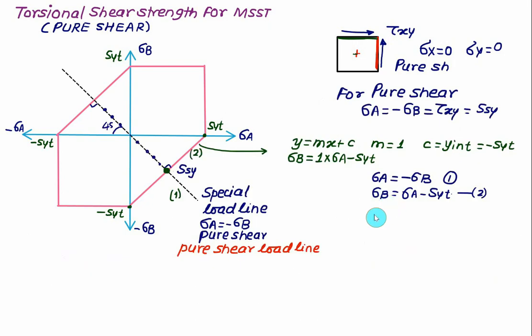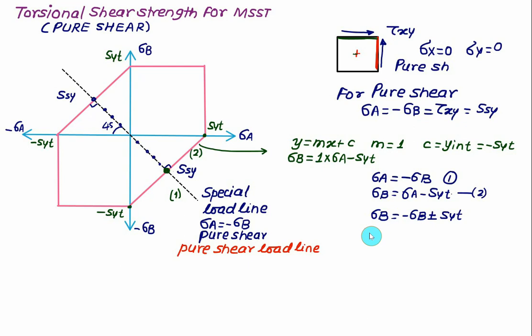So in this case sigma B will be as it is. This value of sigma A we can write as negative of sigma B, which is minus Syt. So we can have either this equation or this equation. This value is also equal to Ssy, that is the torsional shear strength. So we can write plus minus Syt, either this intercept or this intercept.